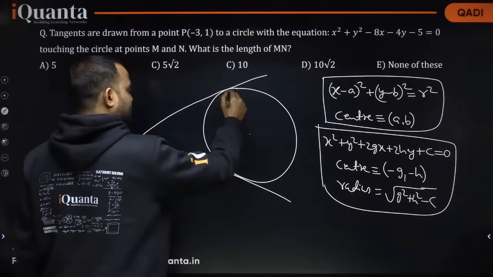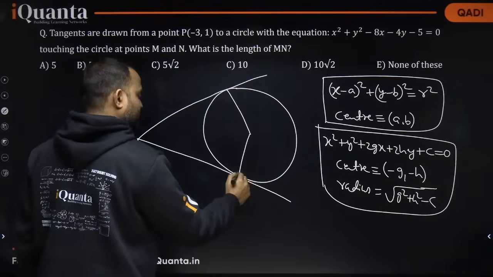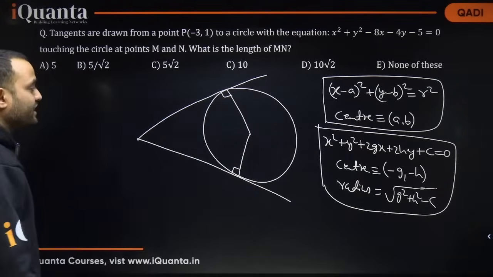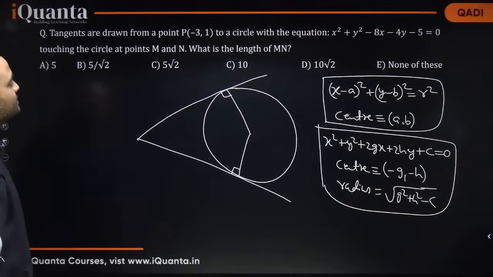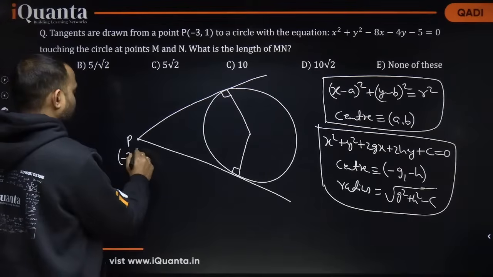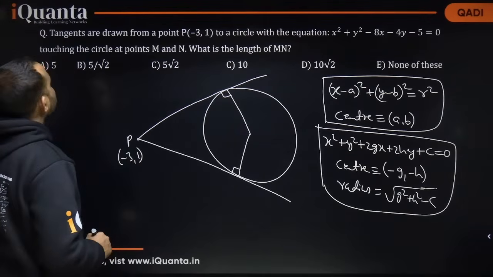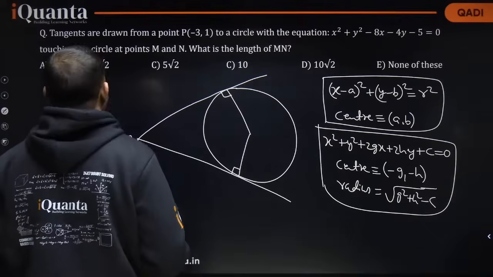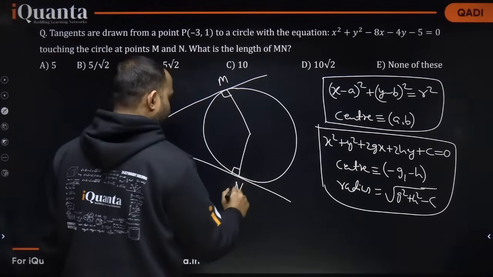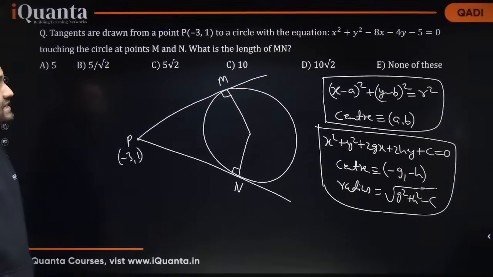This is the center, tangents are perpendicular to radius, like this, right? This point P, and P is minus 3, 1, and then touching the circle at point M and N, right? How do you find this length? How do we find this length?